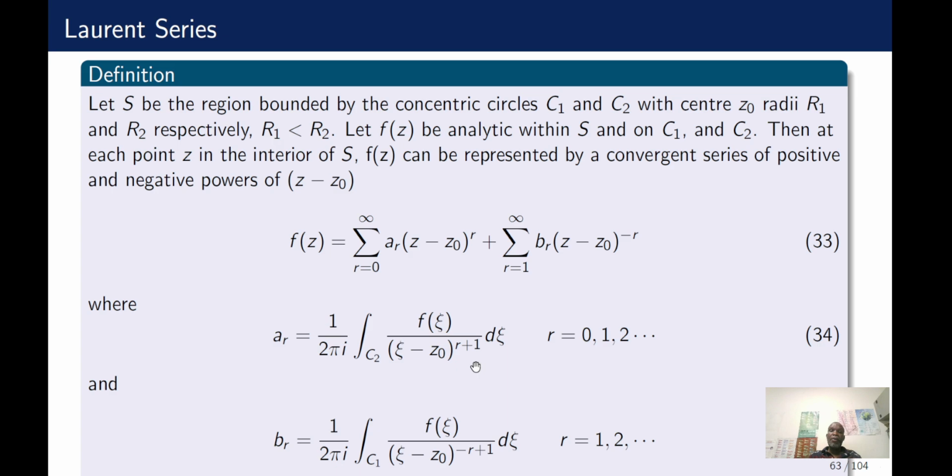The other one now. So what is happening here in the denominator? The power r is positive. You have exactly the same thing for the negative powers, where r will be negative. So if you can evaluate this integral, then you can obtain the coefficients, and you have a Laurent series expansion of that.